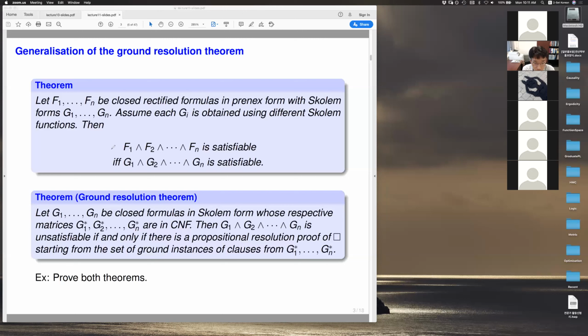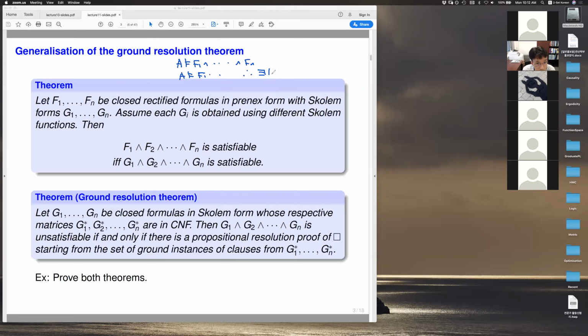The usual Skolemization theorem says if F1 up to Fn is satisfiable, which means that we have an A that satisfies F1 up to Fn, of course, that A satisfies Fi, because Skolemization preserves the satisfiability.